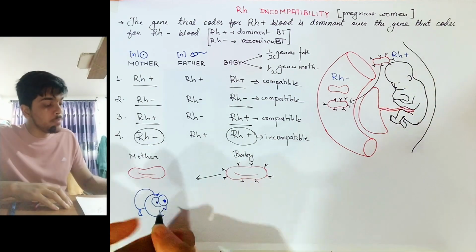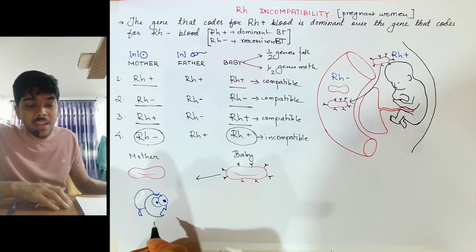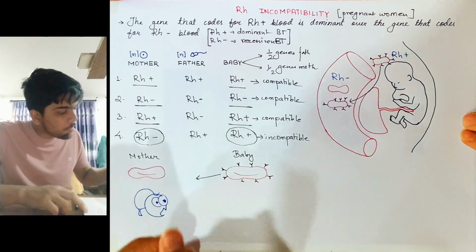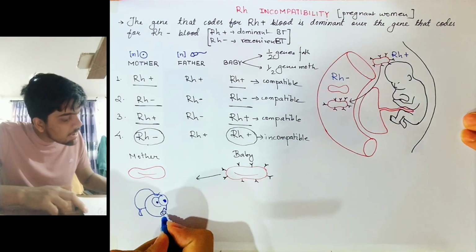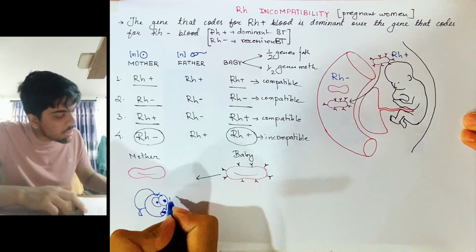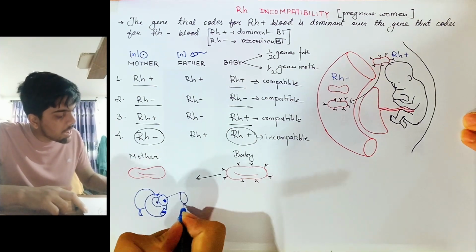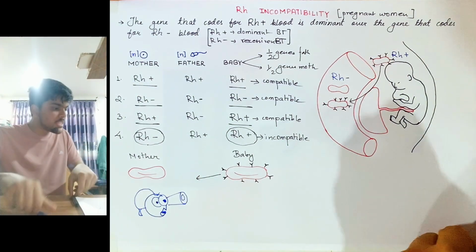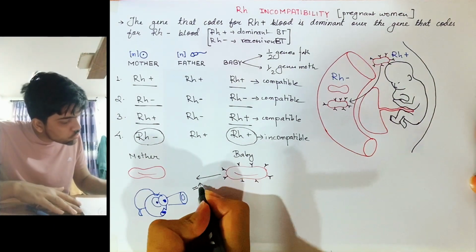And what do these immune system cells do to their enemies? They shoot them off. Here's the missile launcher. They shoot the missiles.